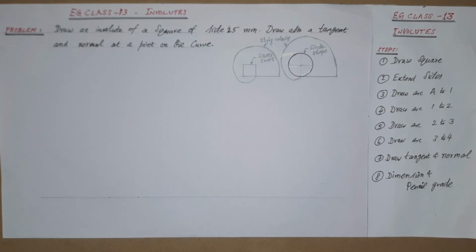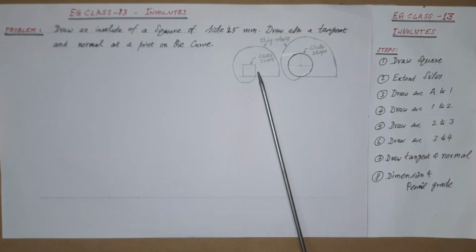Regarding the introduction to involute, to understand clearly, first assume a string or rope, as shown, that is already wound over a square shape or a circle shape as shown in the figure.